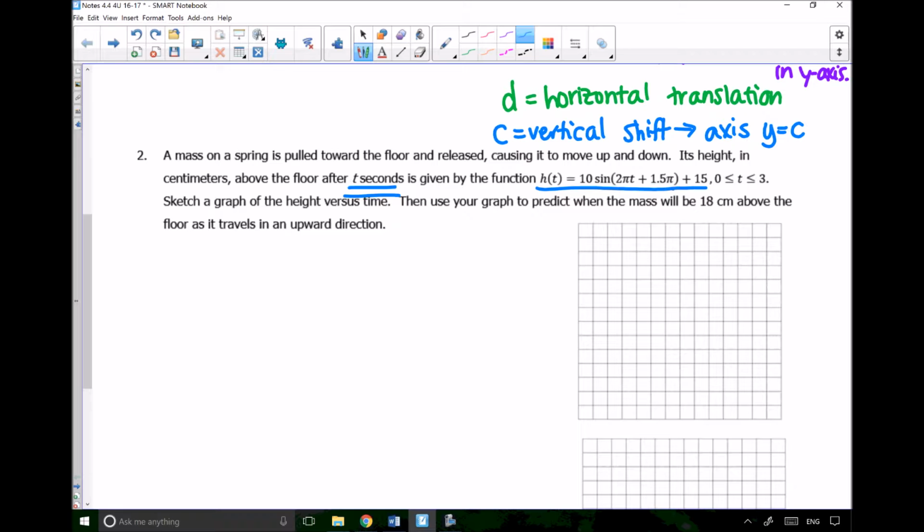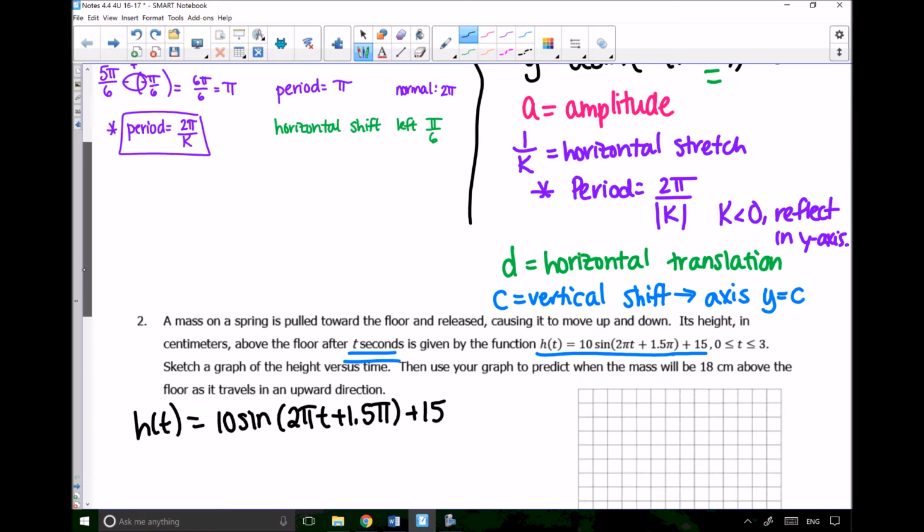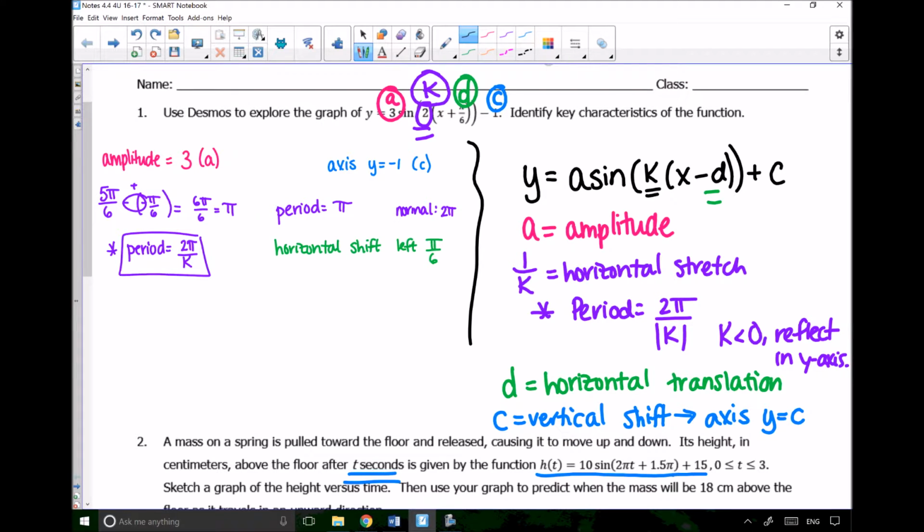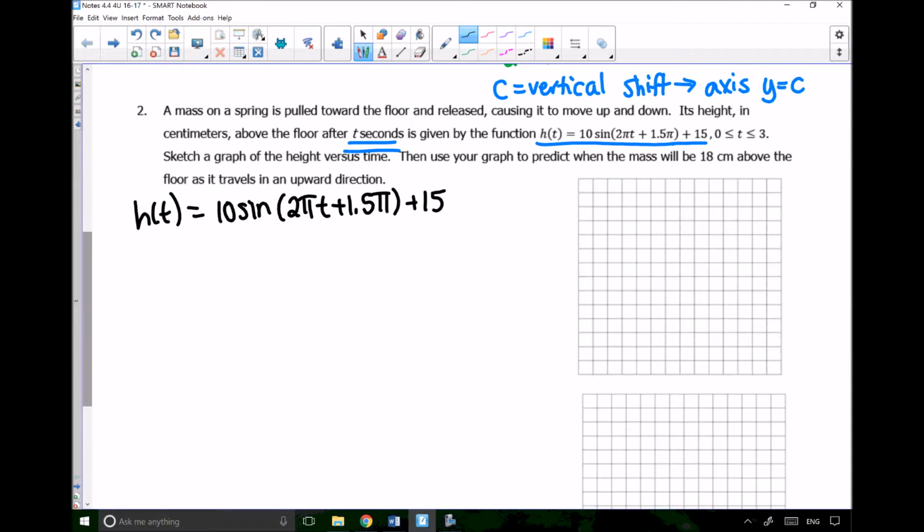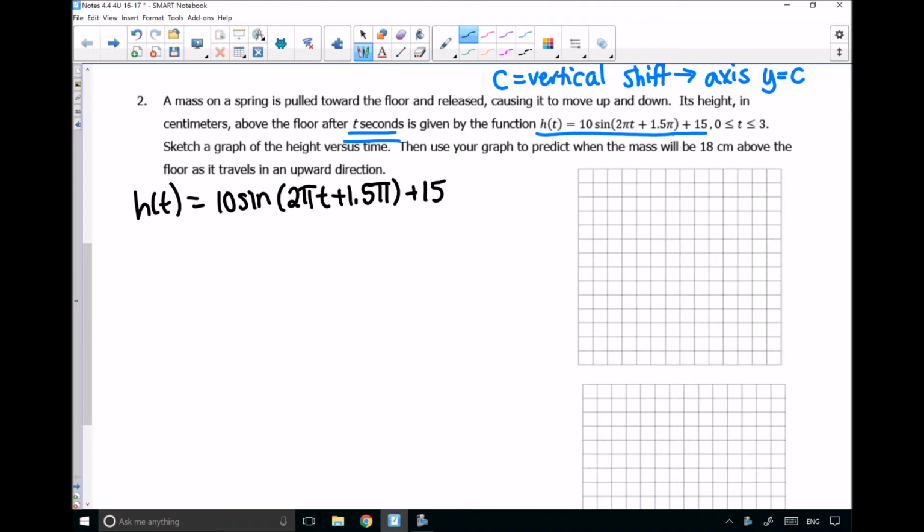So first thing I want to do is analyze what my equation is saying. It says h of t is equal to 10 sine of 2 pi t plus 1.5 pi plus 15. Well, first of all, in order for me to get it in this format right here, I need to factor out my k value right here. So in order for this to be just t, I'm going to factor out a 2 pi.